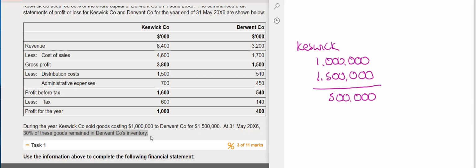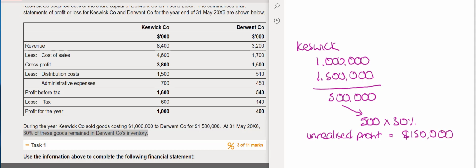In the consolidated accounts, we are not allowed to recognise any unrealised profit. 30% of these goods are still in inventory, and so therefore they are unrealised. We will therefore need to remove the profit that remains in inventory. So we need to take that 500,000 and multiply by 30%, and so the unrealised profit in inventory is 150,000.